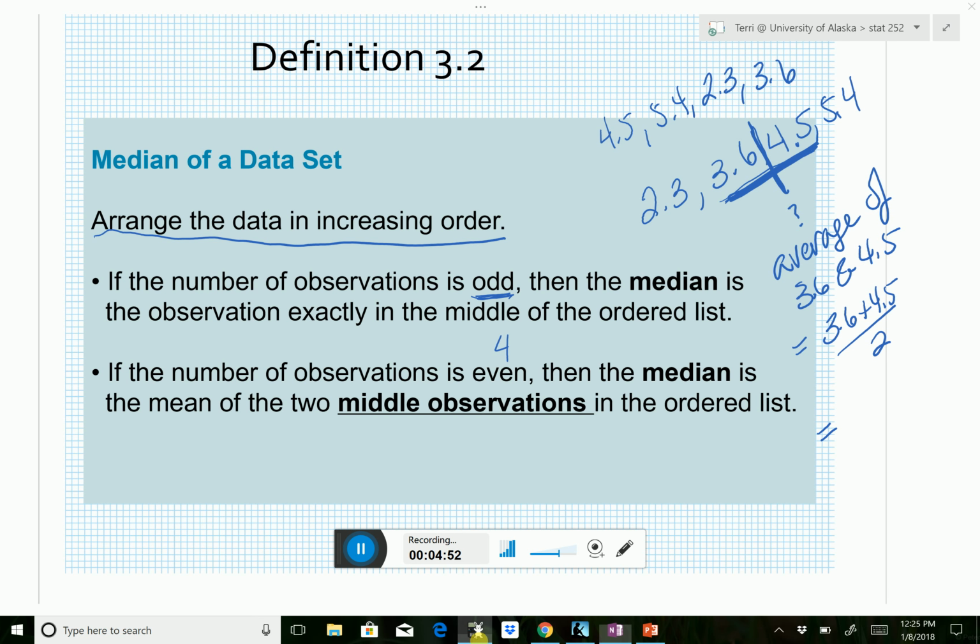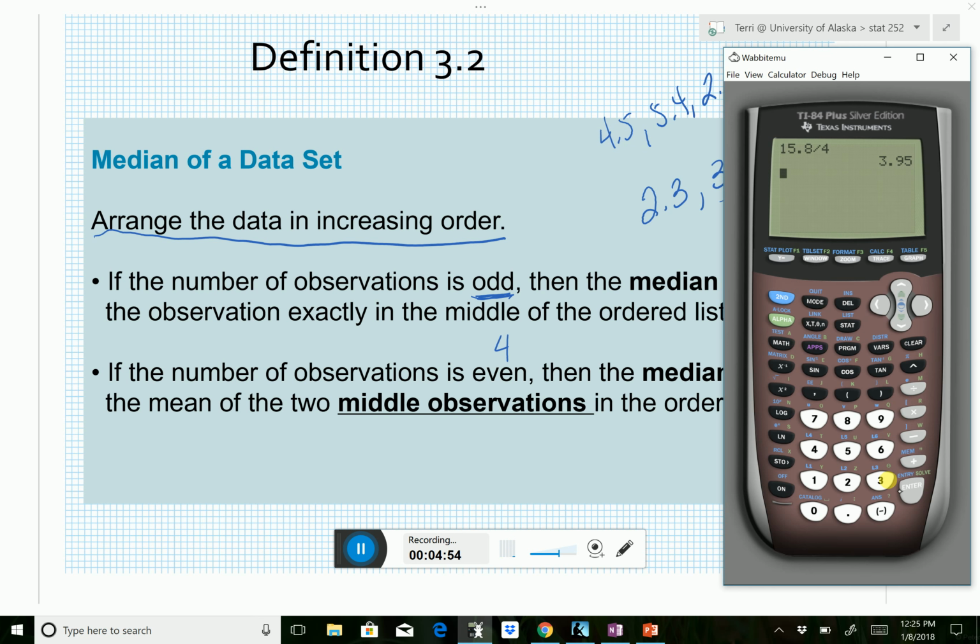You have to be very, very careful. If I type this in just like this, the problem is that the calculator is going to read this as 4.5 divided by 2 because it does order of operations. We don't want that. We want this to be added first.